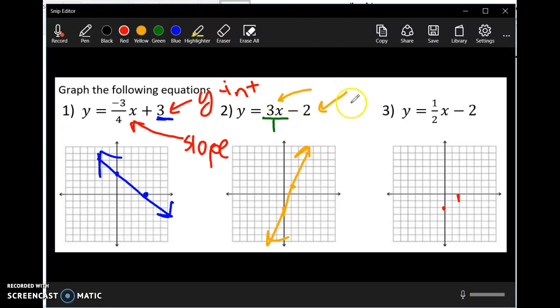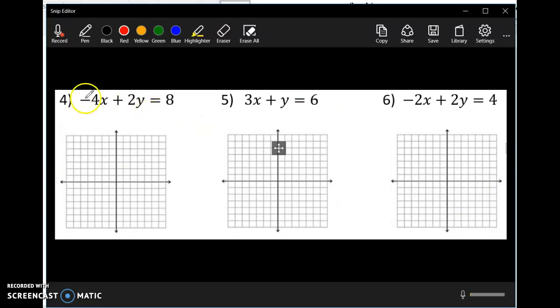Whoops. And that would be my point right there. I'm going to make my point just a little bit nicer. And then I would draw a line through it again. Okay? And again, we can see this makes sense because these lines have positive slopes, so they're going up. And this line has a negative slope, so we can tell that it's going down.